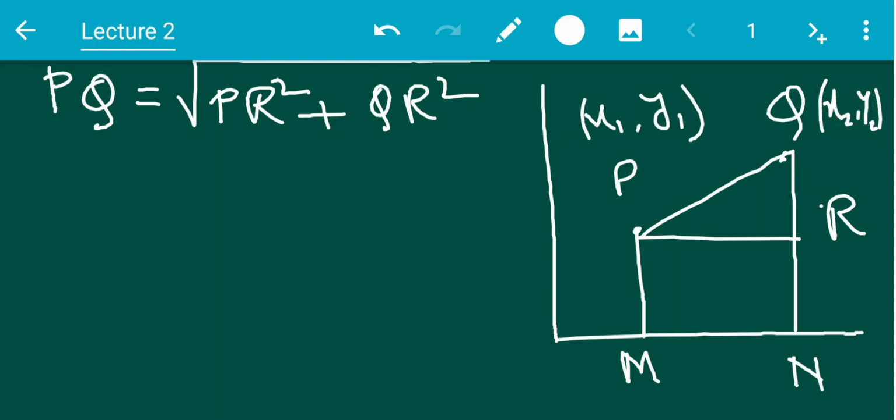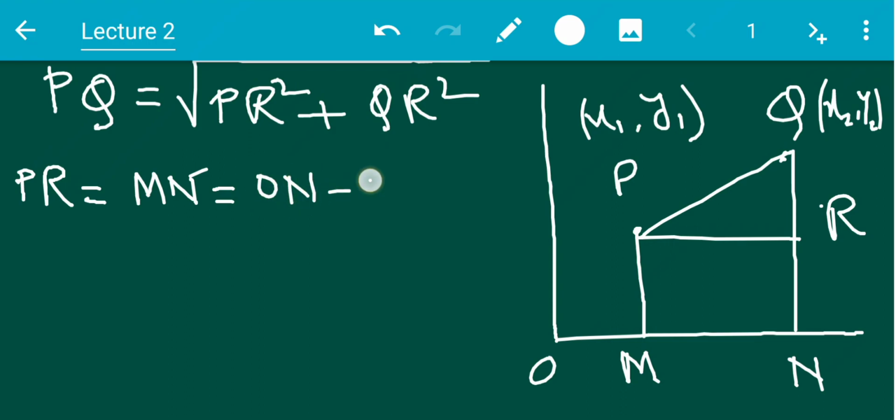Now what is PR? PR is nothing but MN. What is MN? MN is nothing but ON minus OM. ON is x2, the x coordinate of Q, and OM is the x coordinate of P, which is x1.